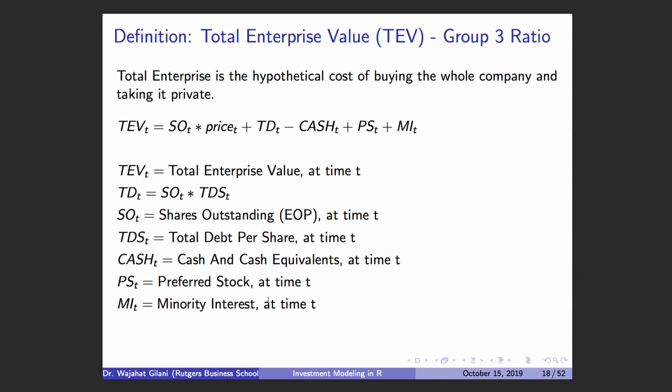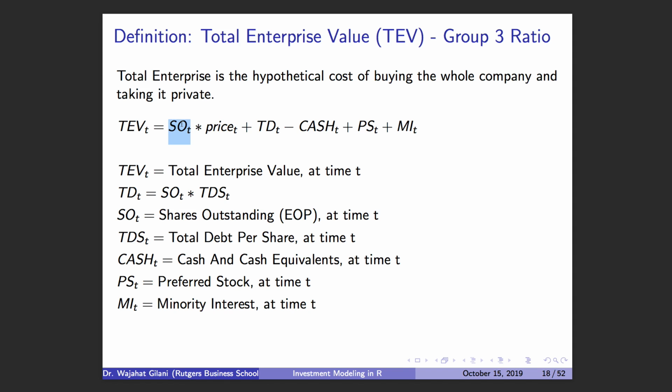Now think about this logically. If you're going to buy a public company, what are the components? What would you need to buy of that public company to truly make it your own private company? Well, first off, you have to buy every single outstanding share that's publicly traded. So that's why the first component here is what we call the market value of the company.